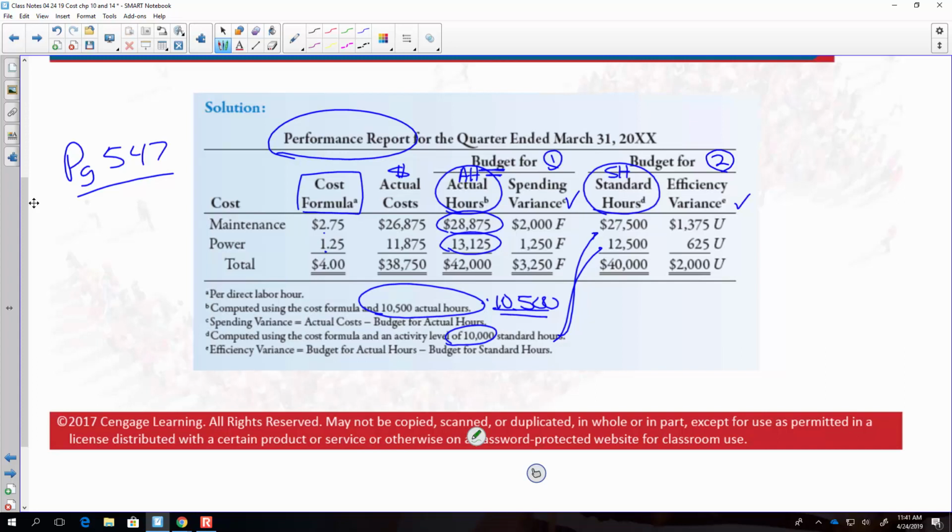Obviously the variances then, I'm looking at my actual compared to my budget. $2,000 difference, my actual was less favorable. Here I had, again, less than 13,125 favorable.